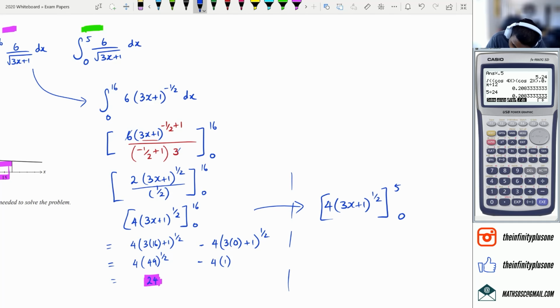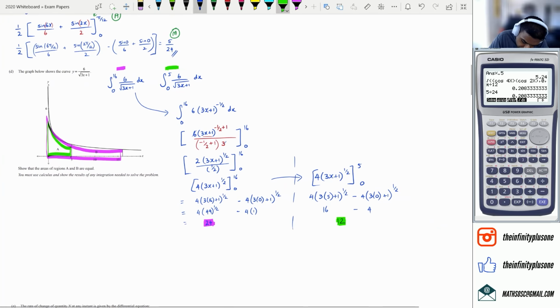If I do that, I'm going to get 4 times 3 times 5 plus 1 to the power of half, minus 4 times 3 times 0 plus 1 to the power of half. So here I'm going to get 4 times 4, which is 16. 16 minus 4 is 12. And as you can see, the pink area is double that of the green area.